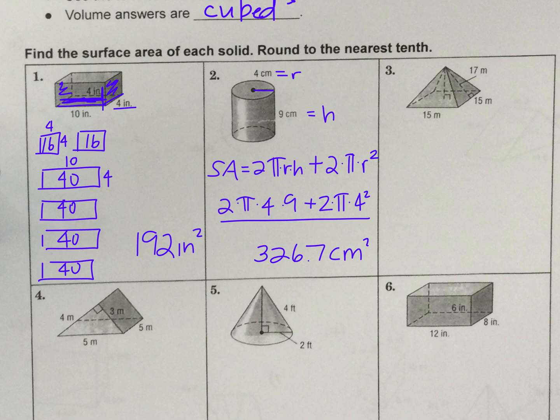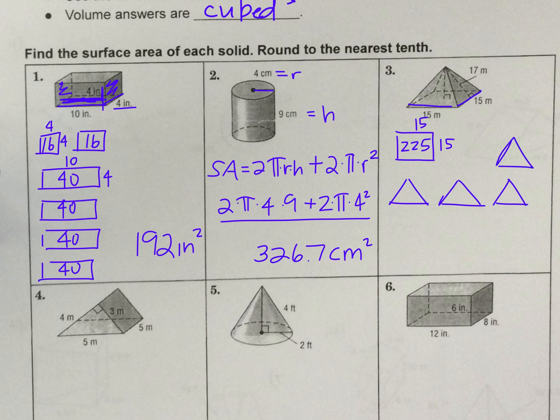To do this rectangular pyramid, we're going to divide it into parts. It has a square bottom, that is 15 by 15, a square base. 15 times 15 is 225, and then it has 4 triangle sides, and the triangle sides are 15 at the base, and the height is 17.